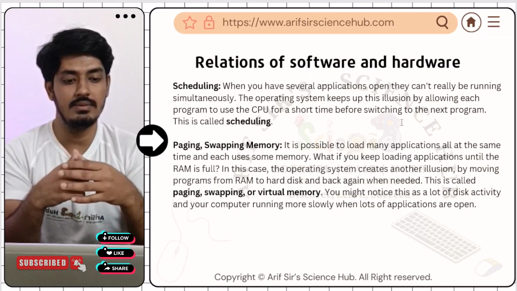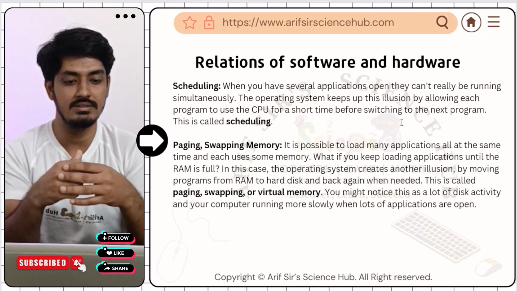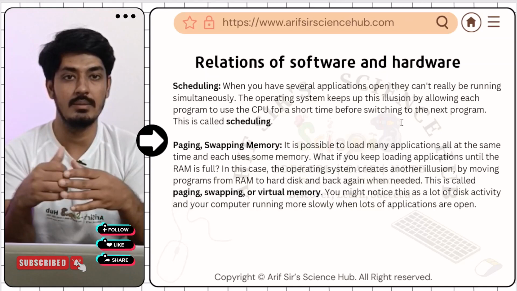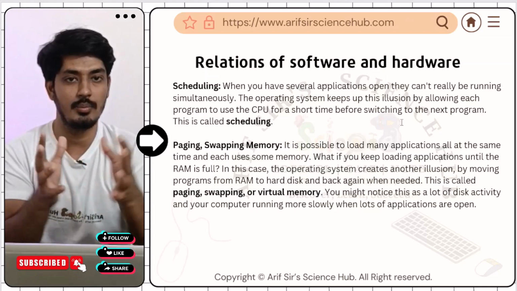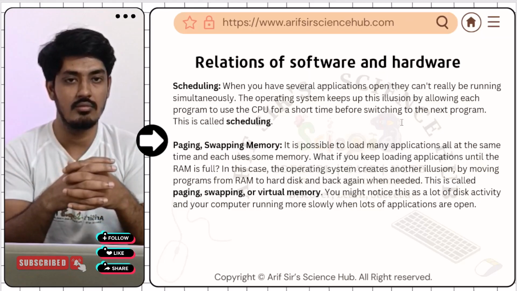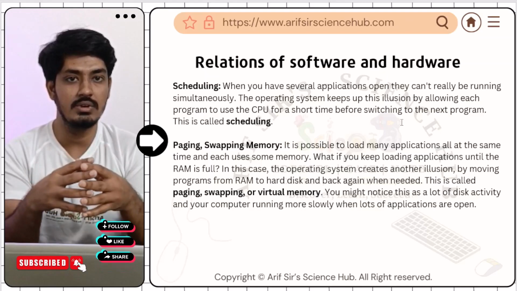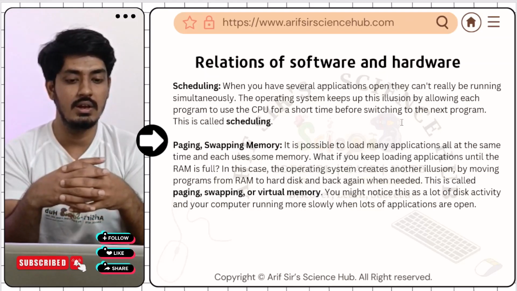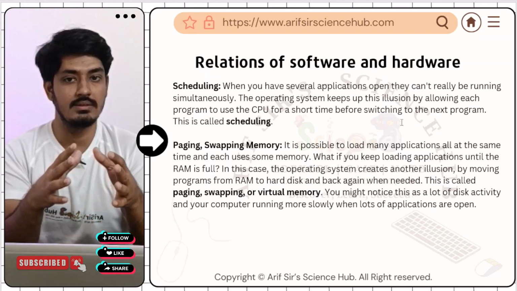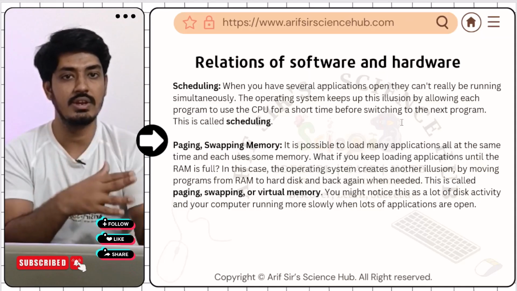In this case the operating system creates another illusion by moving programs from RAM to the hard disk. That means you open multiple applications and your RAM is out of storage. What will happen at that moment? The operating system will swap the program from RAM to secondary storage.